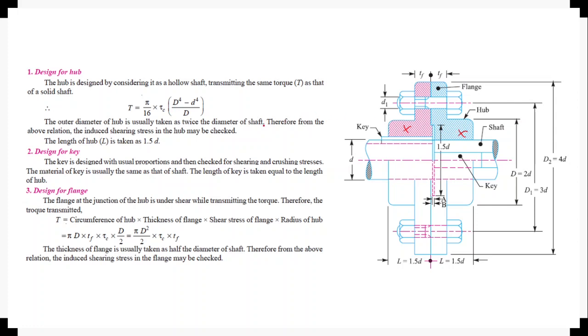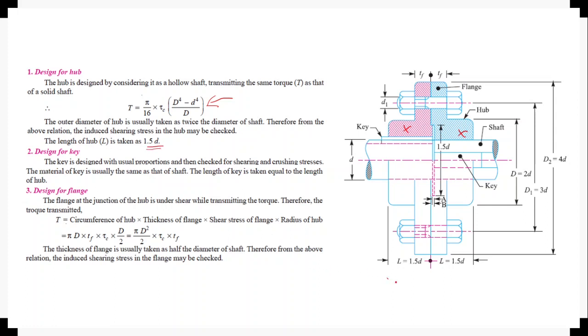While considering this hub as a hollow shaft with outer diameter equal to capital D and inner diameter equal to small d, we can take the transmitting torque as pi by 16 into tau c into (capital D raised to 4 minus small d raised to 4) divided by capital D. And the length of the hub we can take as 1.5d.